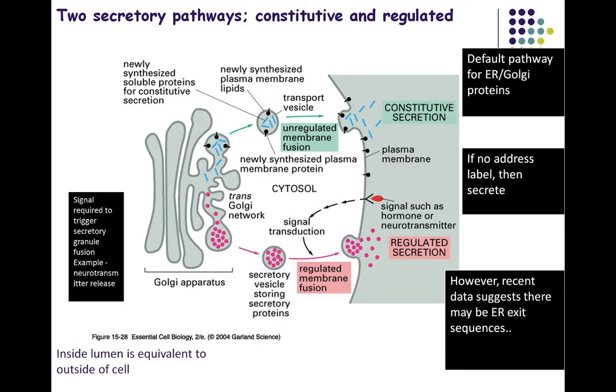So you can say that there is no cue, no signal na that molecules need to be secreted. So constitutive, it's done every time. Whatever is happening in the cell, it's always done. So that's how the constitutive pathway is. It doesn't require a cue or a signal in order for it to take place.